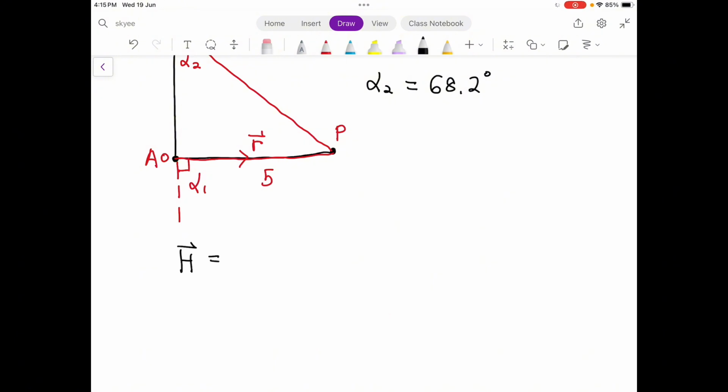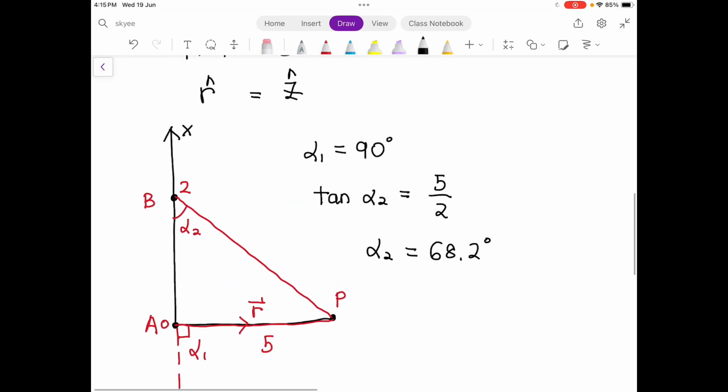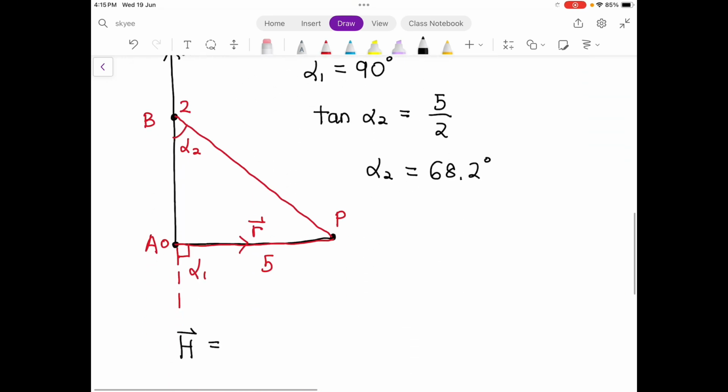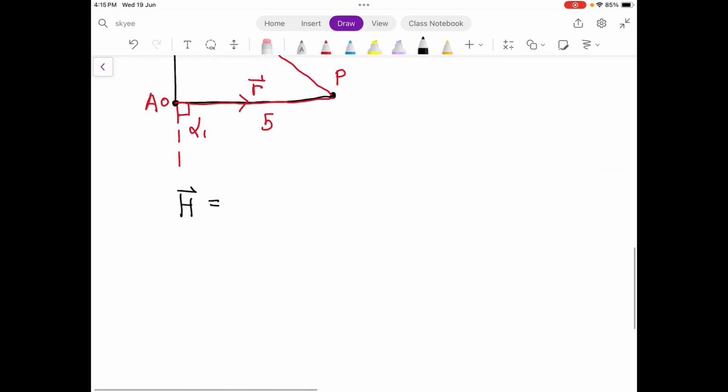So we can replace in our equations. The current is 10. So 10 over 4 pi r, where r is 5.